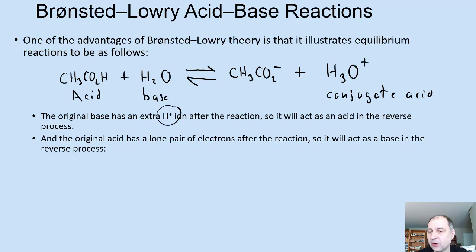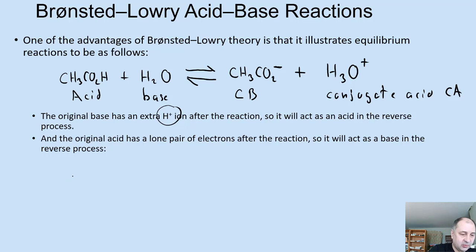And I'm just going to call that the CA from here on out, and then this is going to be the conjugate base because it has now a lone pair that can accept the proton. So it becomes the conjugate base.